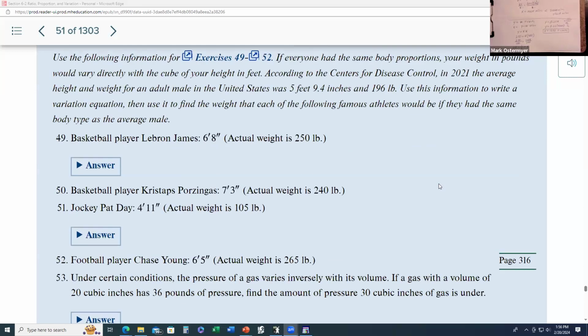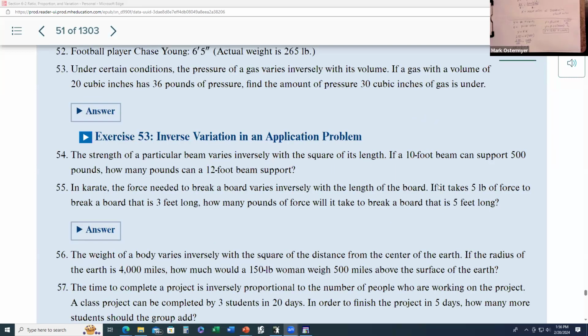All right, let's try another one here. All right, here's a beauty. In karate, the force needed to break a board varies inversely with the length of the board. So the longer the board, the less force is required to break the board. The shorter the board, the more force is required.